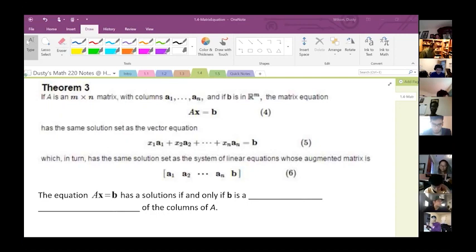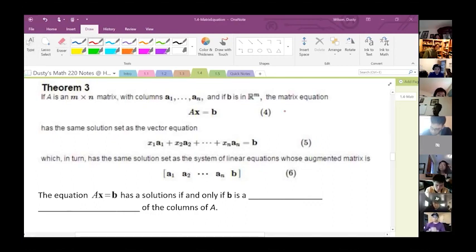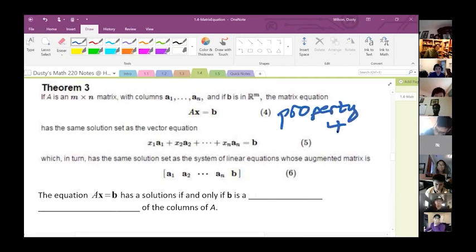Theorem 3 says that if A is an m by n matrix with columns a1 to an, and if b is in Rm, the matrix equation AX equals b. Here's our property number 1. Where's our property 4 that we used yesterday? So this is the property 4 that we referred to yesterday.